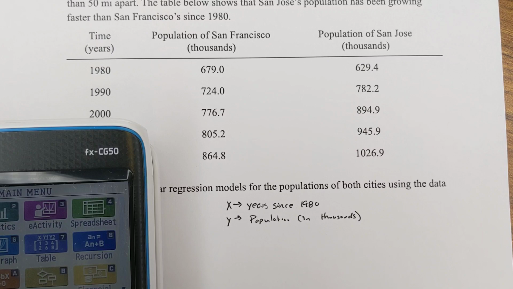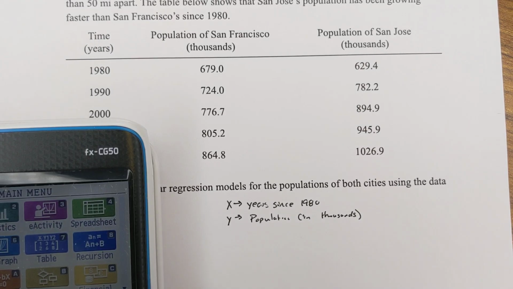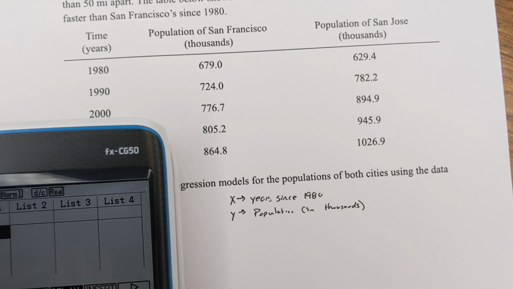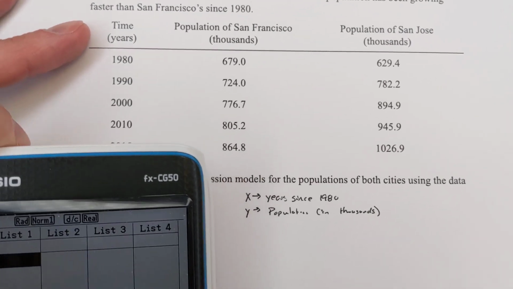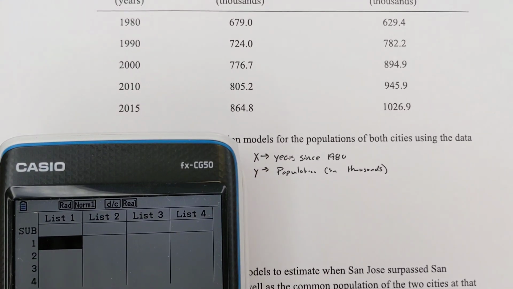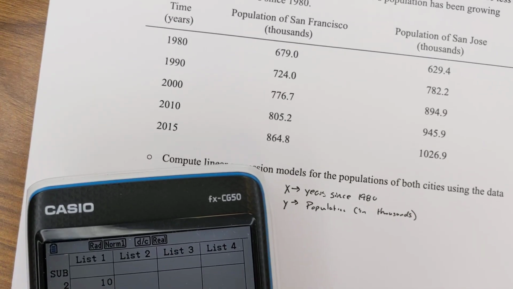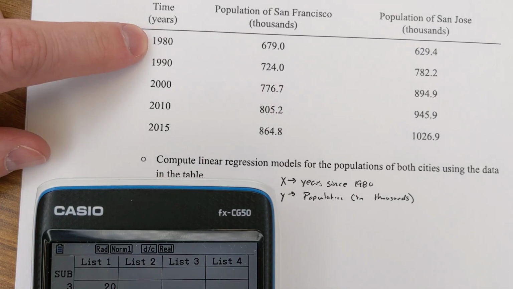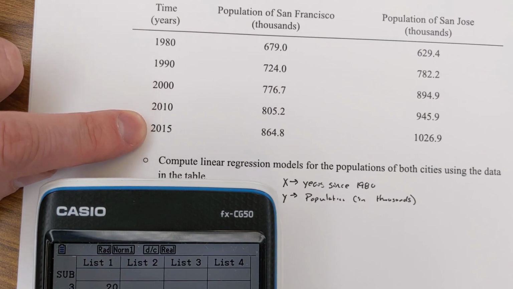To do that on a Casio, you go to Stats, and then I'm going to enter my list. List 1 is going to be my years since 1980, the time. So the first one is 0, 10, 20, 30, 35.